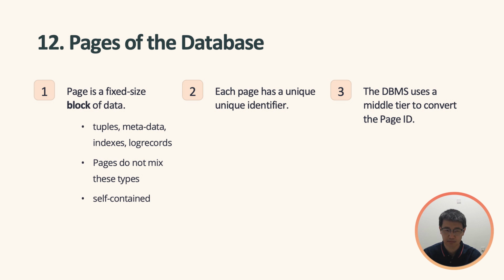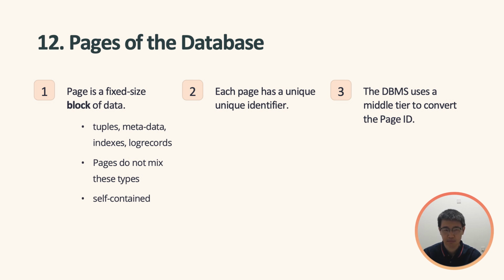The database organizes data into one or more files, which are stored in pages. These pages consist of fixed-size blocks, and a page can include different types of data, such as tuples and indexes.